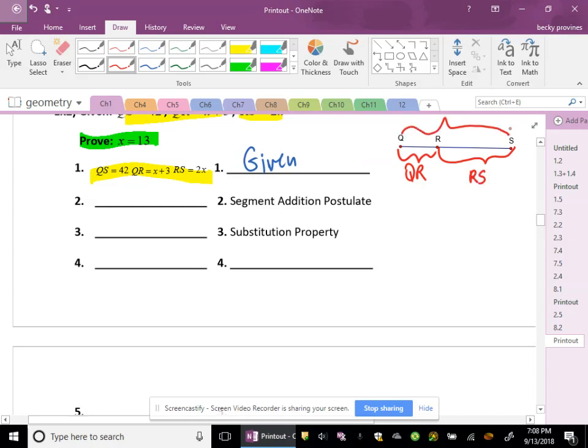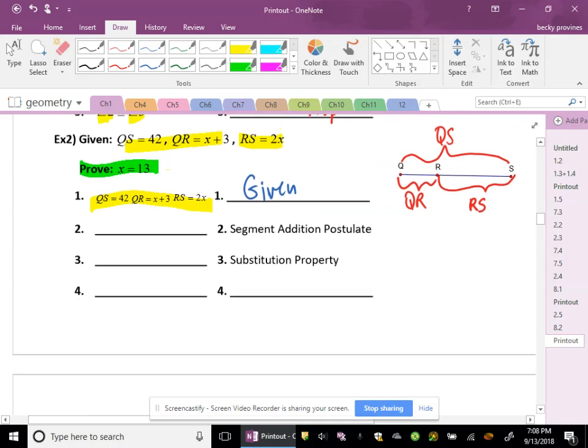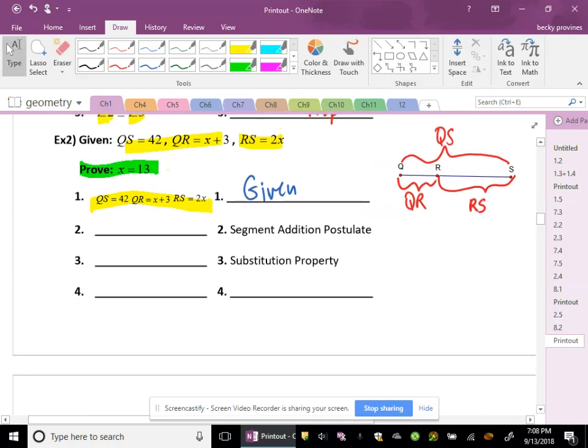And can you name the big segment? And that is QS. So we have to write an equation. The segment addition postulate always shows us we're writing an equation, little segment plus little segment equals big segment. So let's write this out. So QR plus RS equals QS.